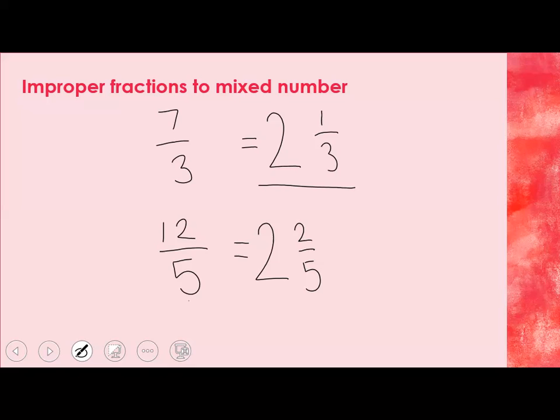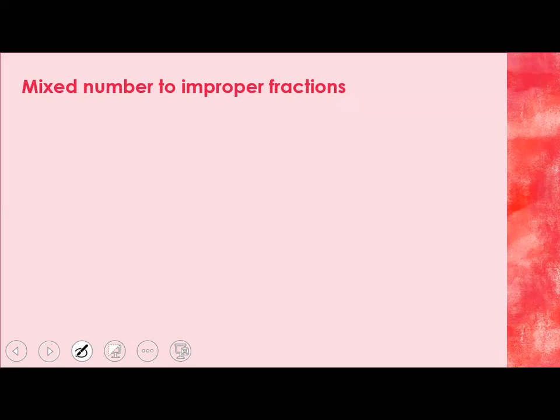Okay, we might be asked to do this the other way. Now, when you get to your independent task, it's going to be a mixture of all different types of converting from one thing to the other. And that's absolutely fine for you to be rewatching this video and pausing and having a go at each question.